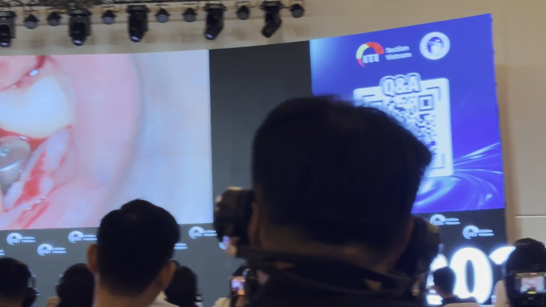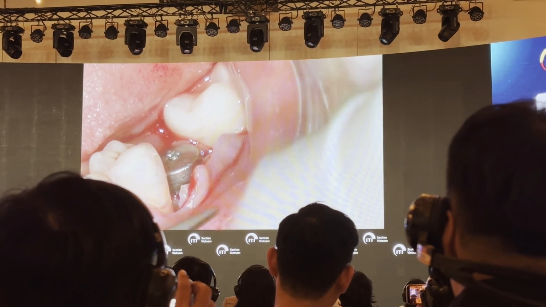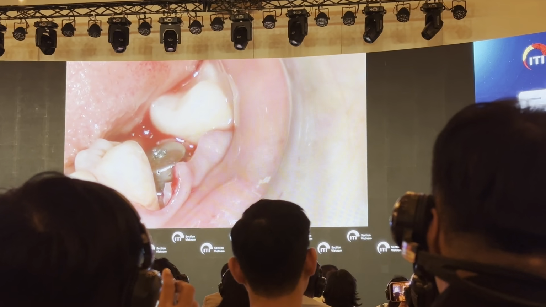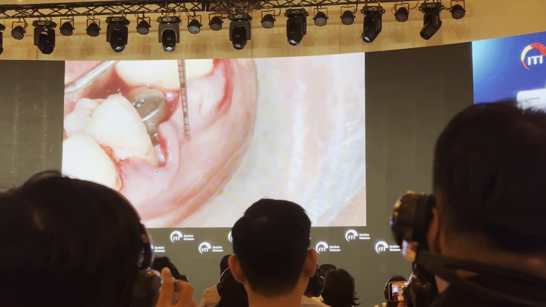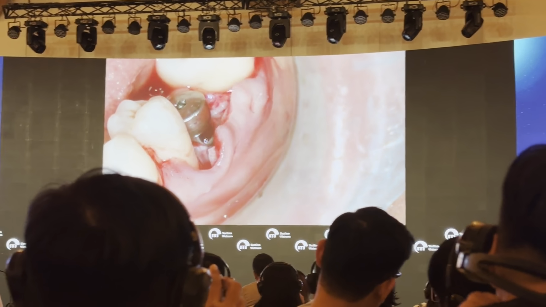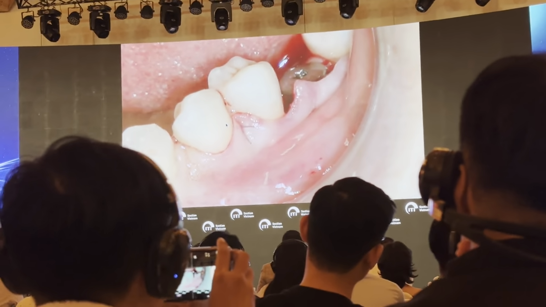With this mattress suture, you see the keratinized tissue which is free, that is going to be attached around the healing cap, and the surgical papilla that is going to be put in contact with the lingual flap. And you saw the small amount of buccal dehiscence that is visible after the implant placement.